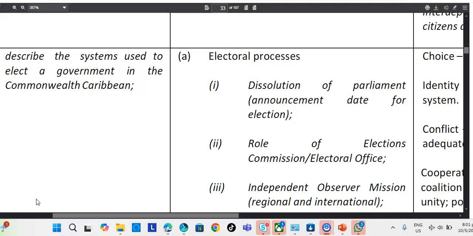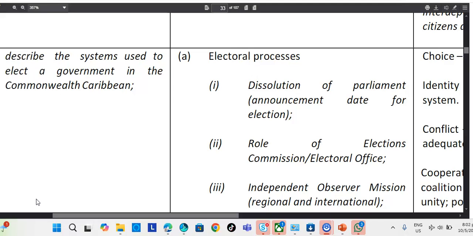So we know that in a democratic country, there are provisions in the Constitution which allow for general elections. A general election is held every 5 years. The Electoral Office Commission is the agency which exists to facilitate the electoral process. They perform different functions.